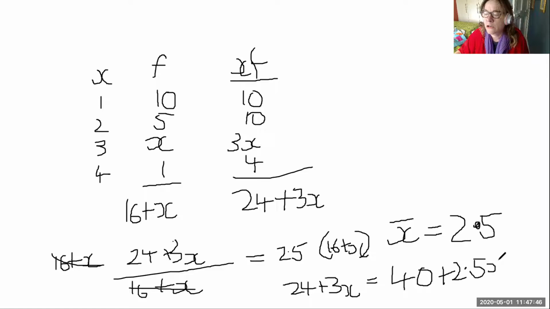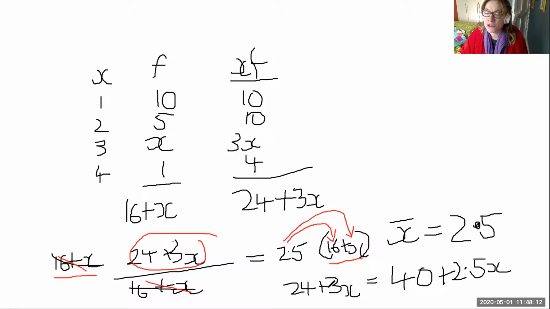Now, just to be clear, all I've done there is I multiplied both sides by 16 plus x. That cancels there. So I'm left with 24 plus 3x. And then I have to multiply that in. So 2.5 by that is 40. 2.5 by that is 2.5x.